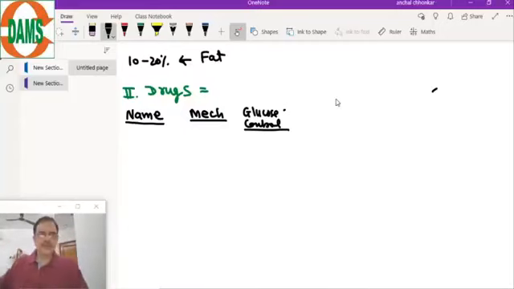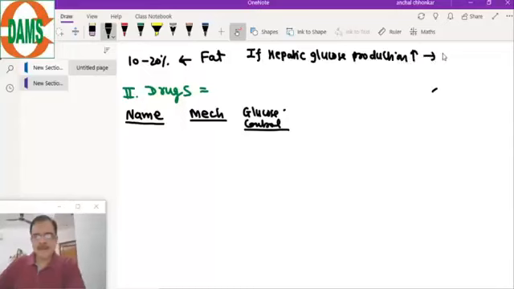Remember this concept: if hepatic glucose production increases, fasting sugars increase. So the hepatic production of glucose by the liver is mainly responsible for the fasting glucose increase.